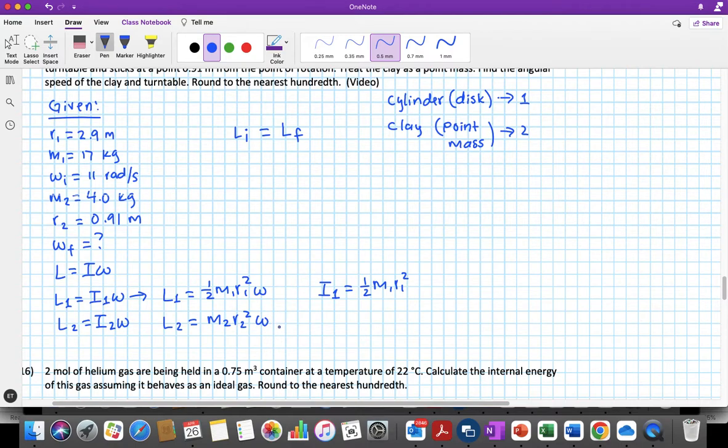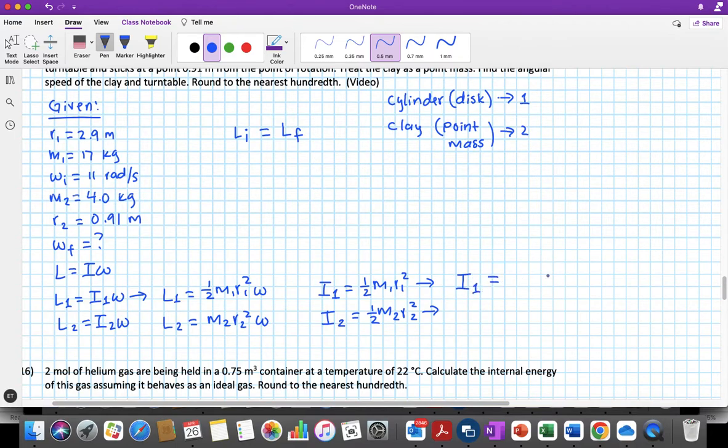The clay is not moving towards or away from the center. It doesn't say that. Nor do we have anything which suggests that the turntable is changing in size. That would be kind of weird, okay? So I can get a number for this. Let's do the same thing with moment of inertia 2, because both moments of inertia will be the same before and after, since we're not changing mass nor radius. So m2 r2 squared. Now let's get the moment of inertia.